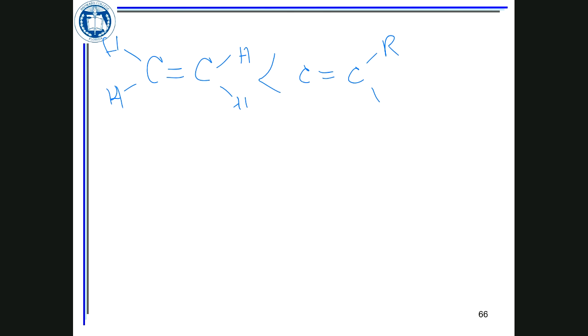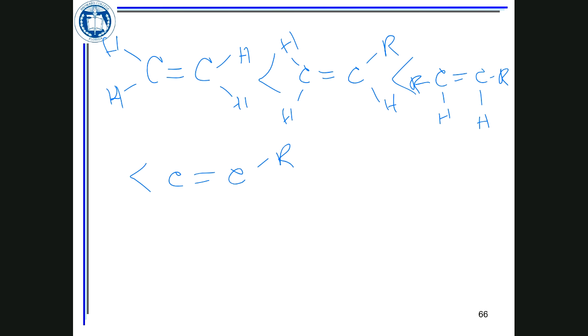If I say R here versus hydrogen, R means alkyl group. So when you have four R groups, it's going to be the most stable.